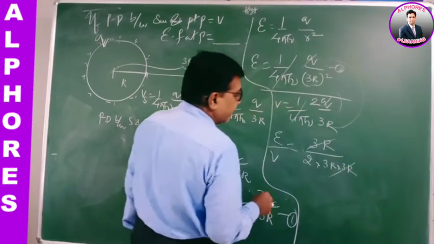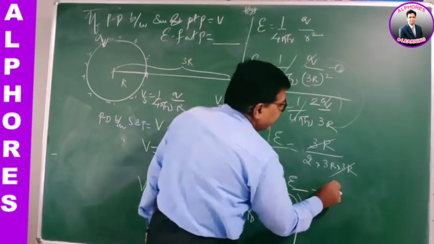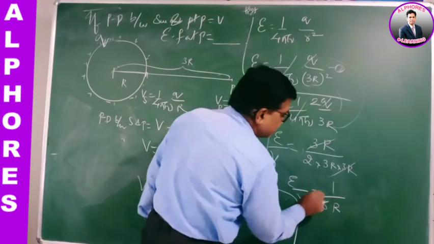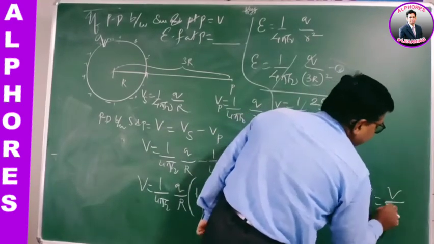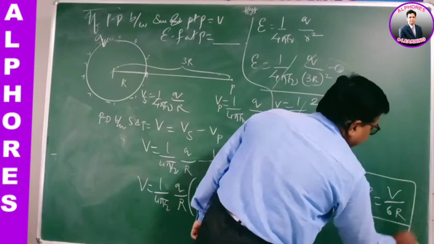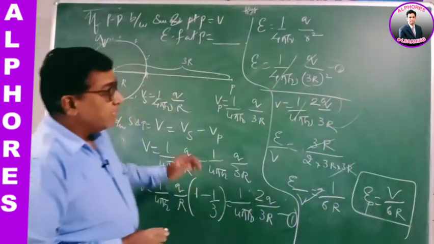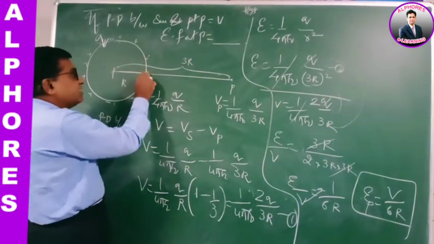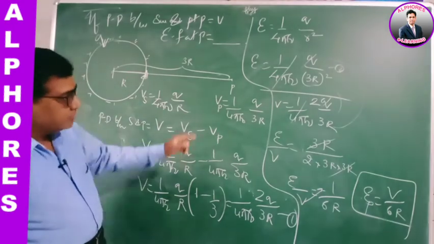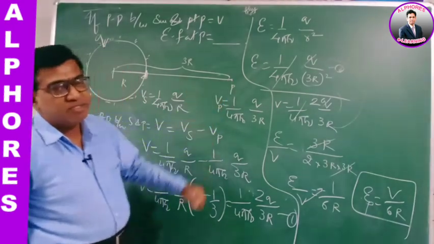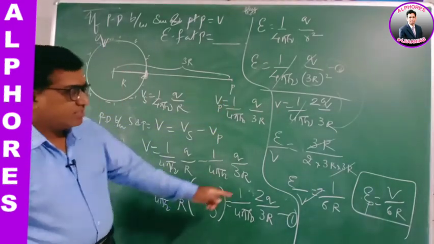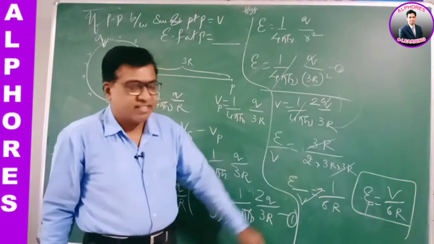One 3r gets cancelled, so E by V is 1 by 6r. Cross multiplying, the electric field is V by 6r at the outside point. In the earlier question we found the electric field at the surface point; now it is the electric field at the outside point P, which is V by 6r.